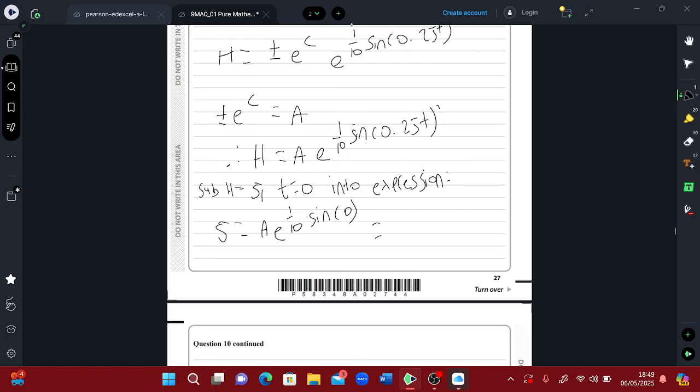What's sine of 0? It's 0, right? So this goes to e to the 0, and e to the 0 is just 1. So this says that 5 is simply A.